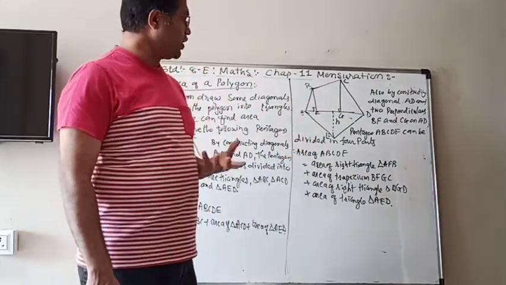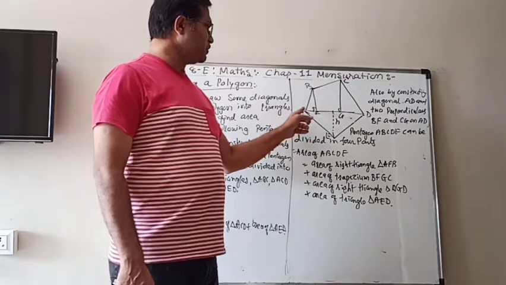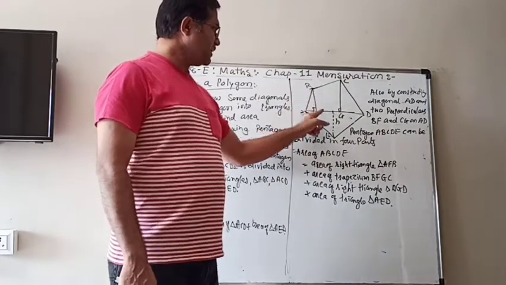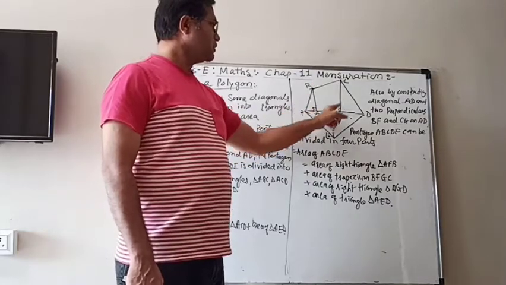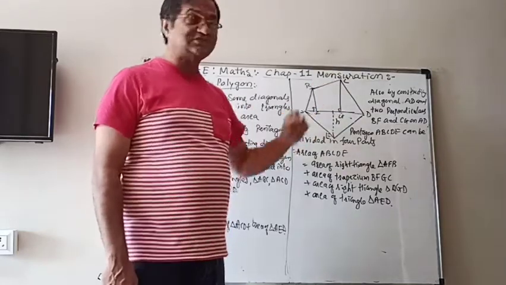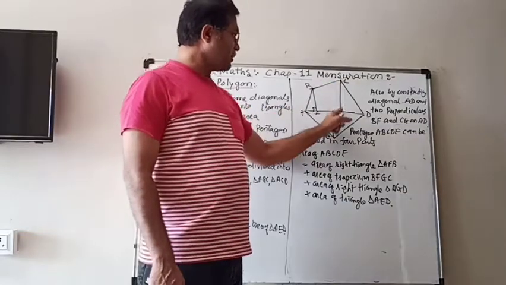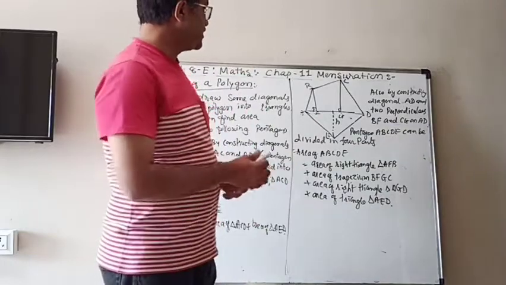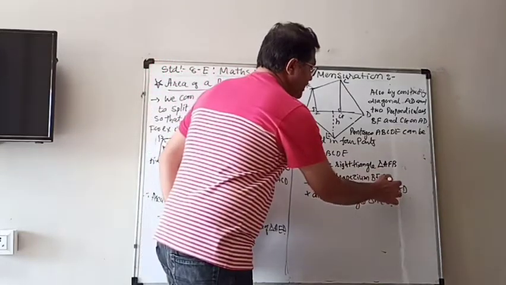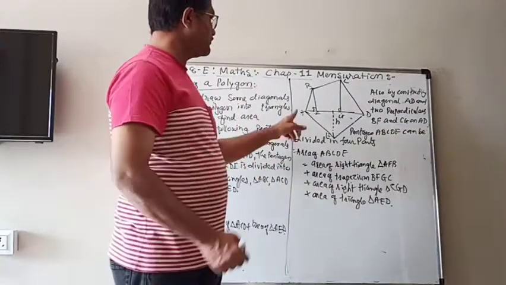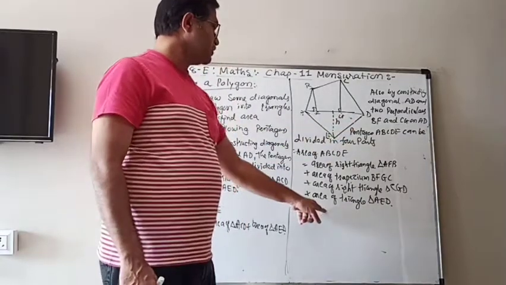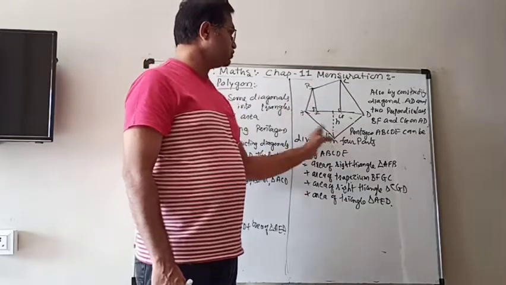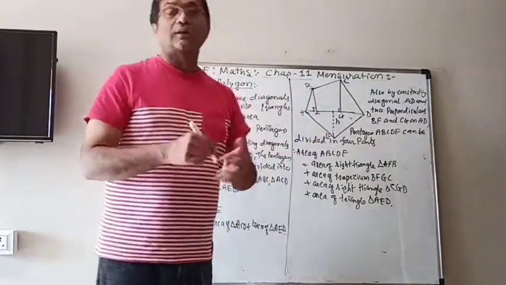How? Area of pentagon is equal to area of right triangle AFB plus area of trapezium BFGC plus area of another right triangle CGD, and the last, area of triangle AED. So when we add all these 4 areas, you will be able to find the area of the pentagon.